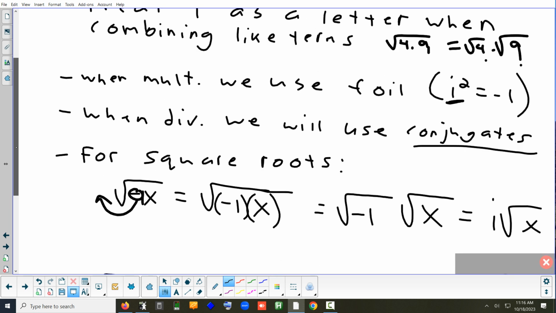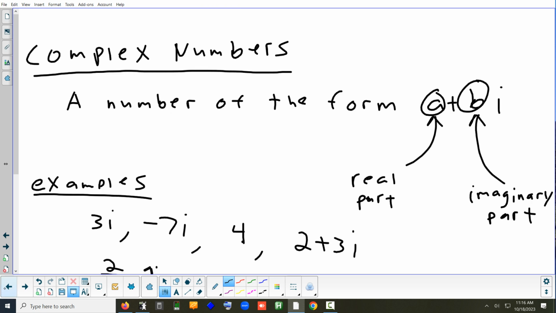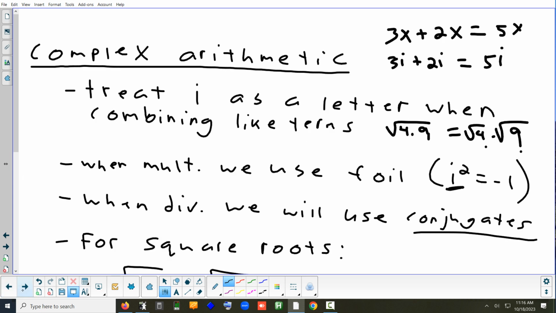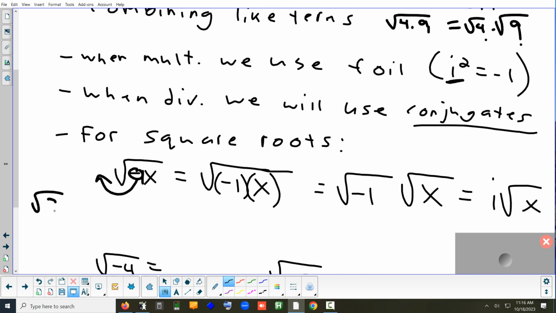Now, I know when I wrote the example earlier, I put the i at the end, after the imaginary part. Why do you think with a square root, I don't want to put the i like if I had something like this? Why do you think I'm saying to put the i in front of the square root? Yep.